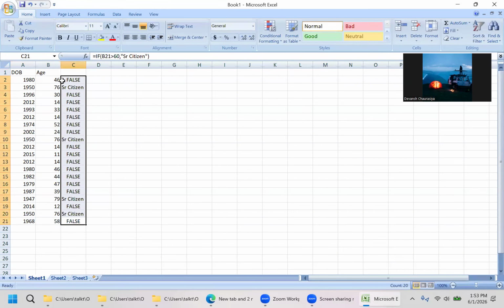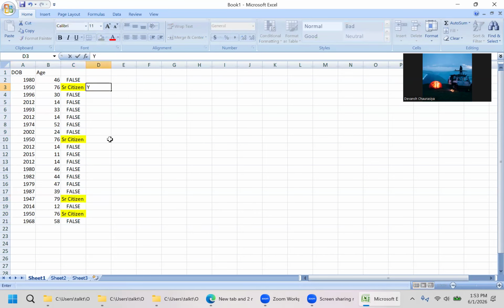I run it for the whole length and I see that four people are senior citizens. And I run another formula, and let's say I get a Y here, discount applicable as Y. So yes, these people will get a discount.